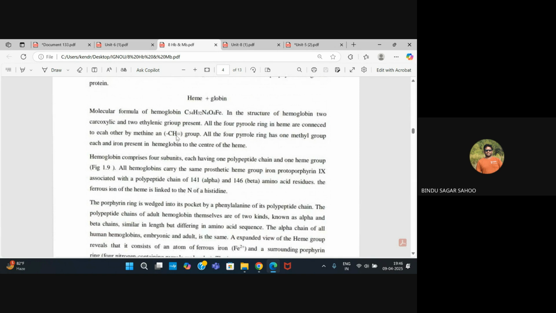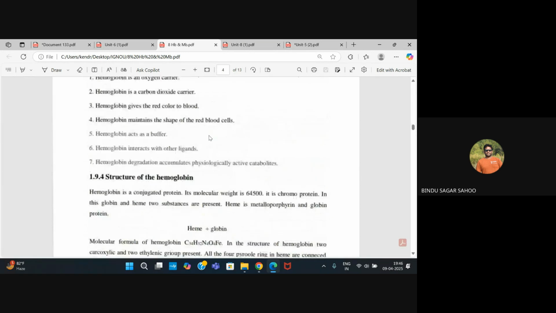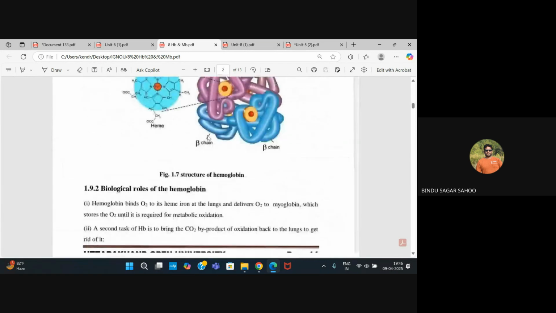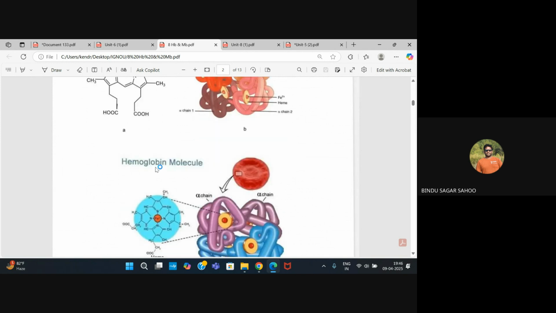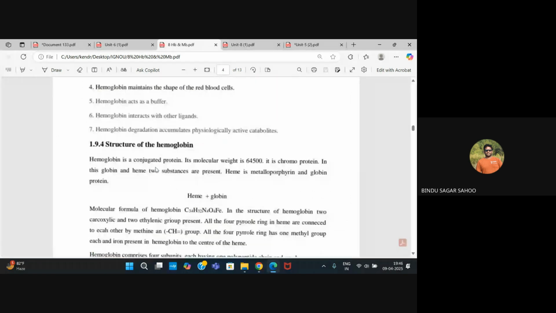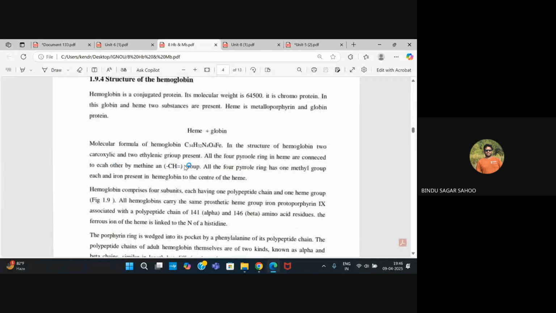One pyrrole ring is connected to another by a methine group, that is, a single bond, CH, double bond. The pyrrole rings are connected by this methine group.